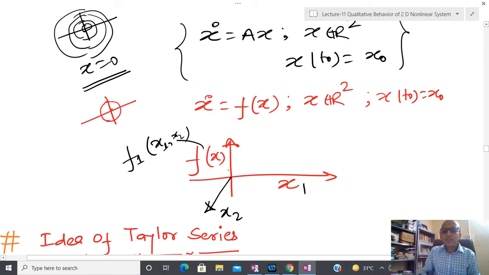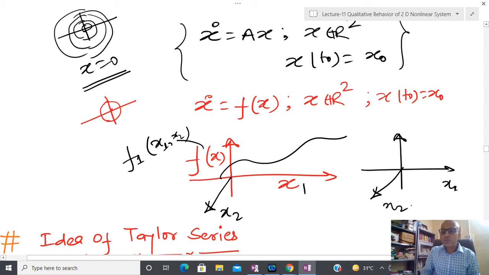Suppose I have a certain kind of graph. Similarly, I have another graph, again with x1, x2, and here f2(x1, x2). We are assuming that the function f is represented as f1 and f2.